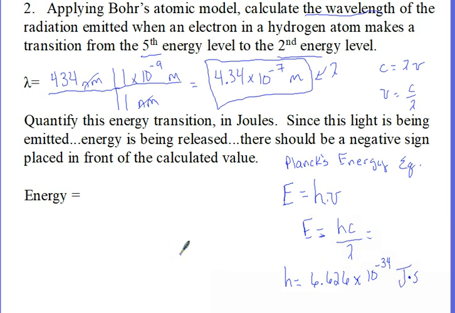So what that looks like is, for units, you've got Planck's constant, which is in joule seconds, and you're multiplying that times speed of light, which is meters per second.